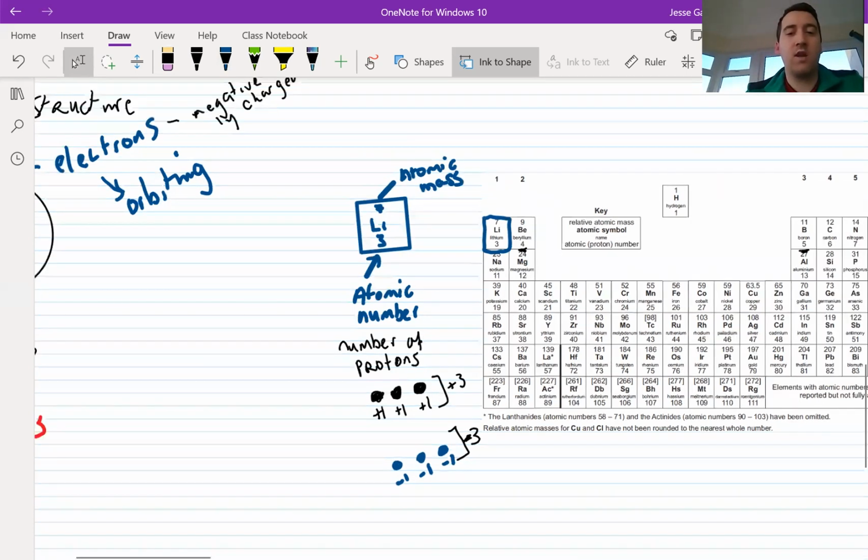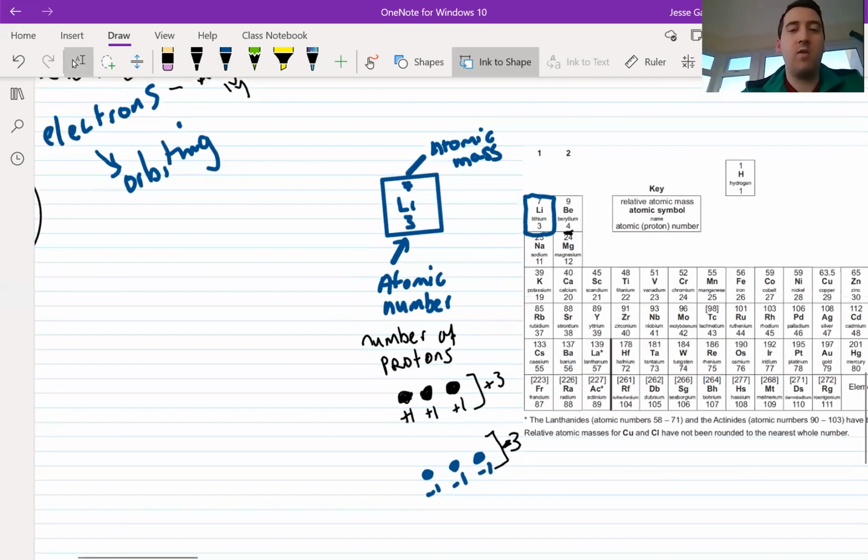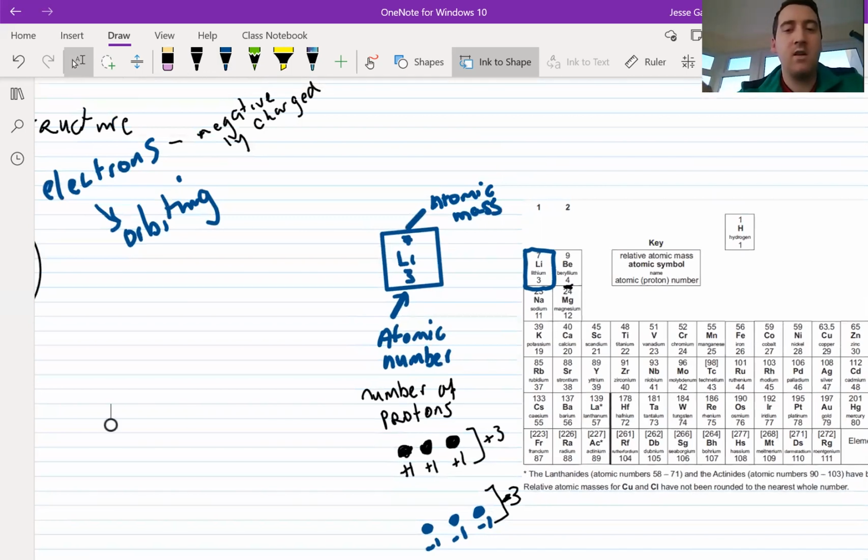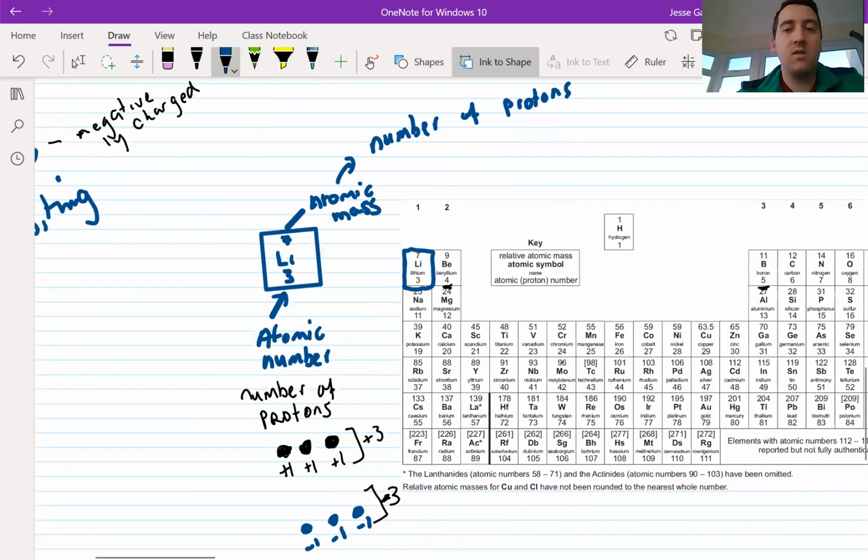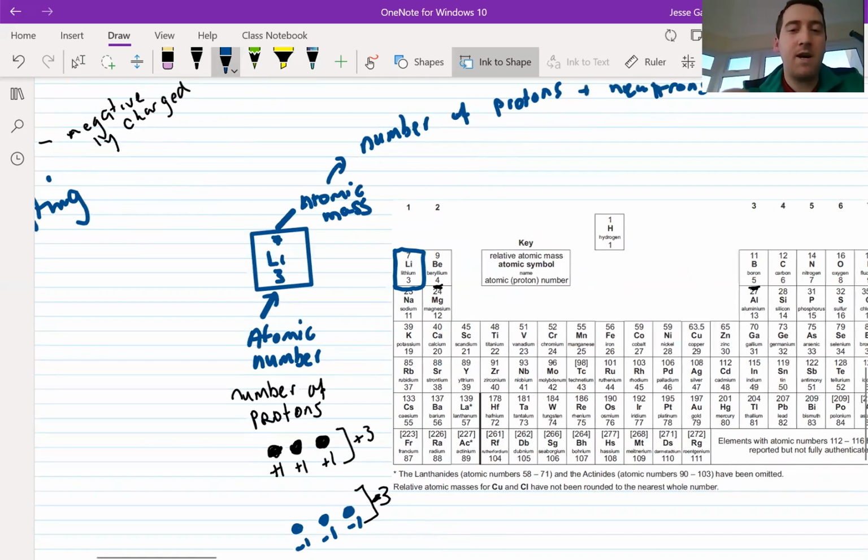Okay, the neutrons then, how do I work those out? Well, I work those out using the atomic mass. The atomic mass tells us the number of protons plus the number of neutrons. Now, for lithium, the atomic mass is equal to 7.